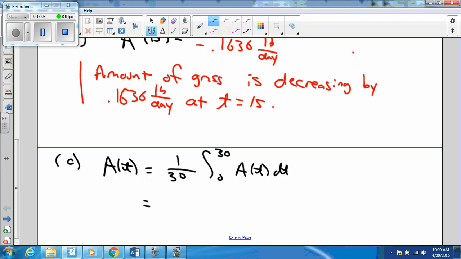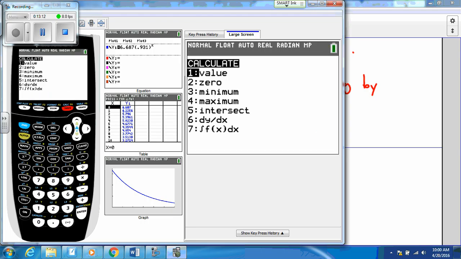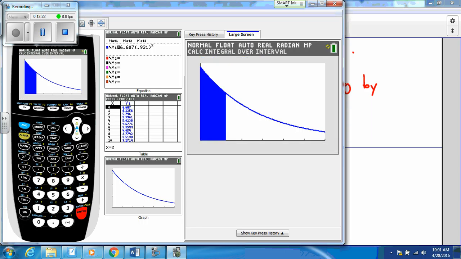This quantity over here, I can construct simply by finding the interval. And so here we go. Second calc and integrate. We're going to integrate from 0 to 30. And that gives us a certain total grass clippingage over the total amount of time, so this is measured in grass clipping days.